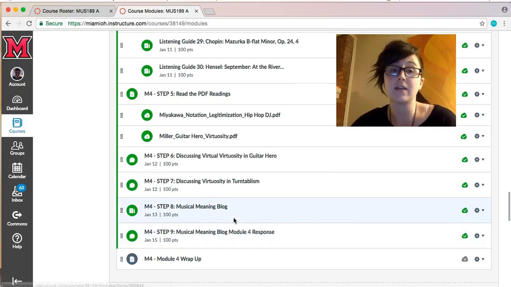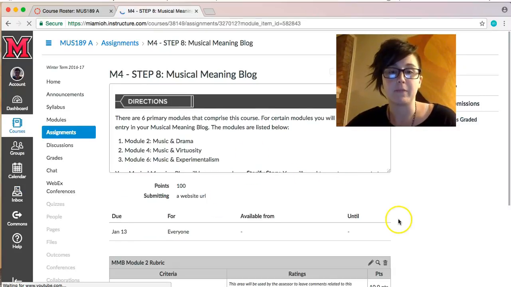So in this case, I want you to find examples of virtuosity out there. For the drama, you were usually finding pieces composed by someone, but in this case, you can find pieces that exhibit a performer, not just the composer. That's perfectly all right, and that's explained in the musical meaning blog directions.